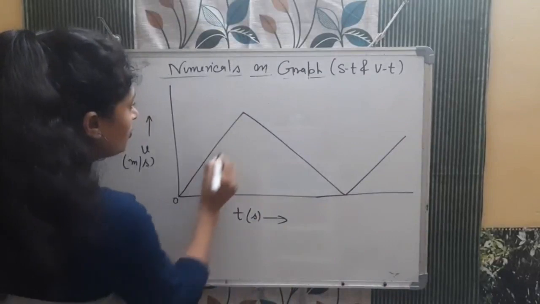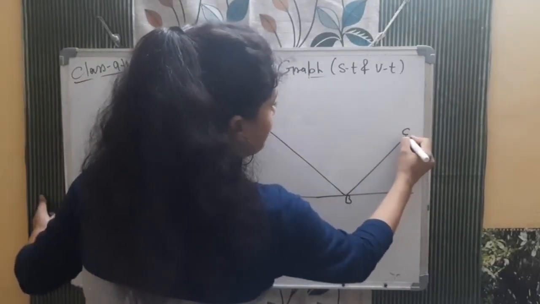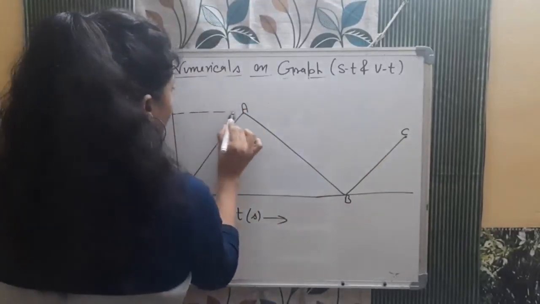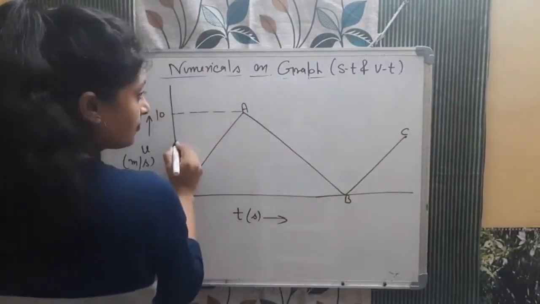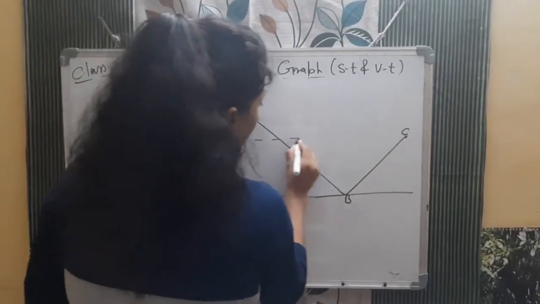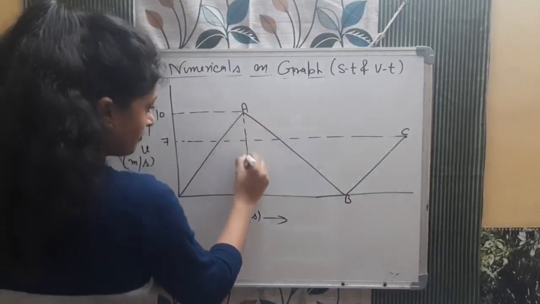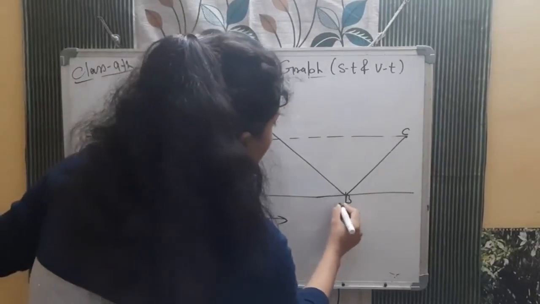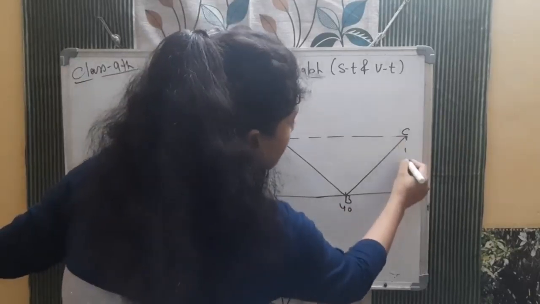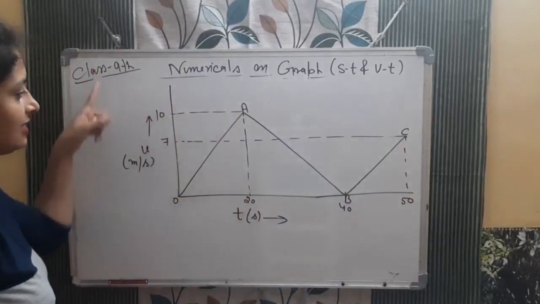This is point O, this is point A, this is point B, this point is C. Okay, this is 10, 7, this is given 20, this is given 40, and this is given 50. Okay, so this side time, this side velocity.